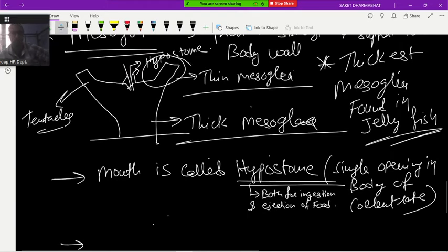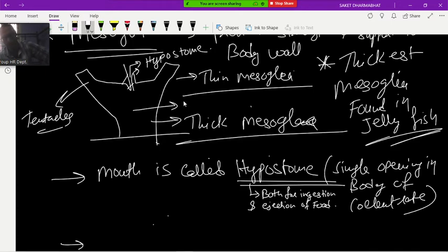If this is the hypostome, then this body cavity is called what? Coelenteron, also called gastrovascular cavity. Yes, gastrovascular cavity.